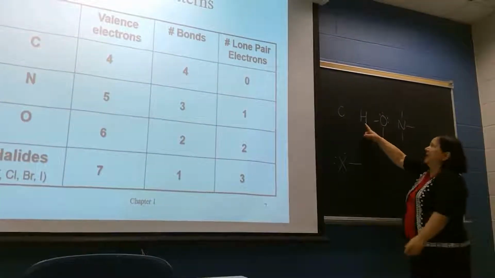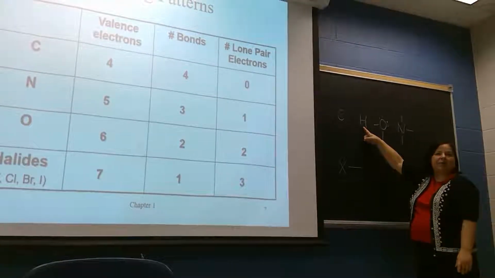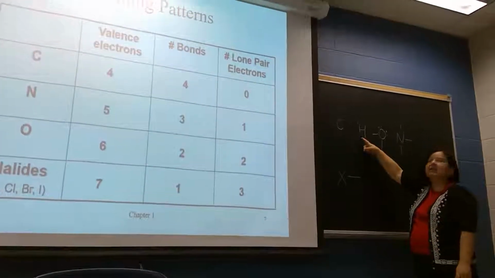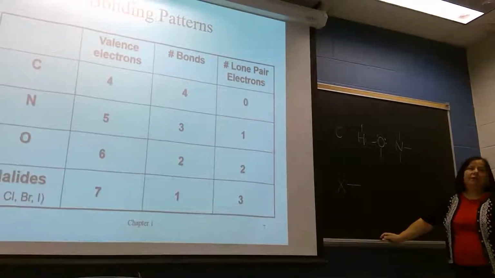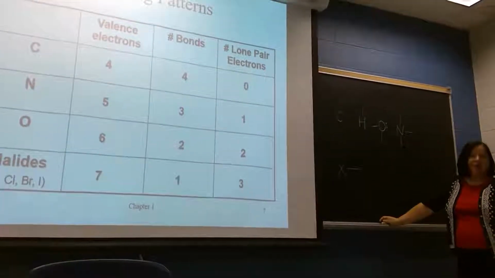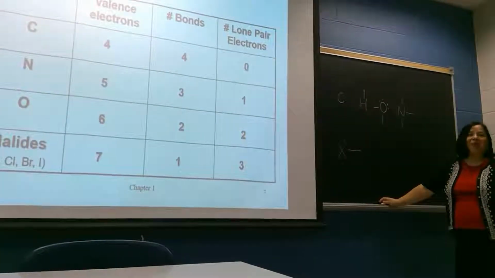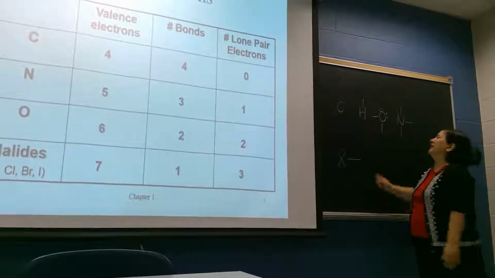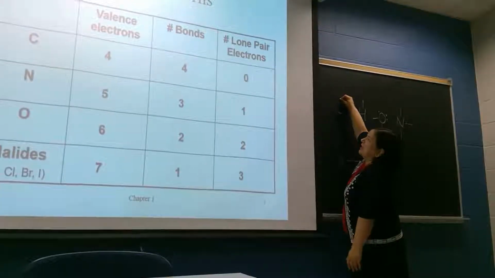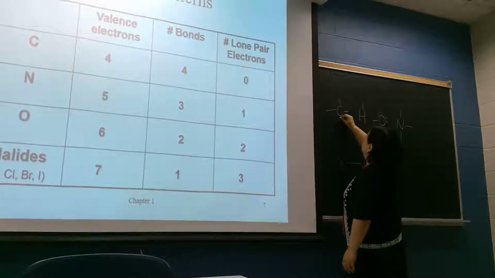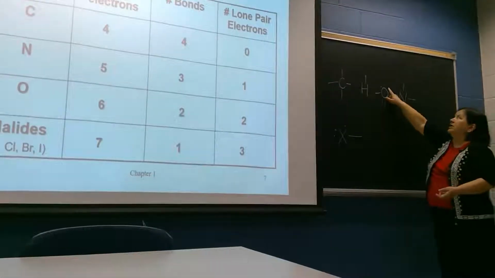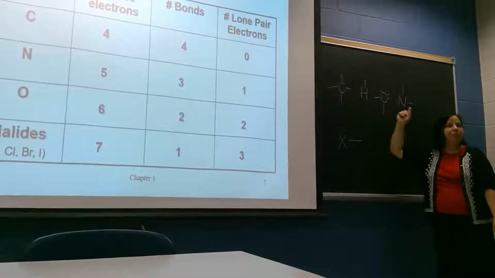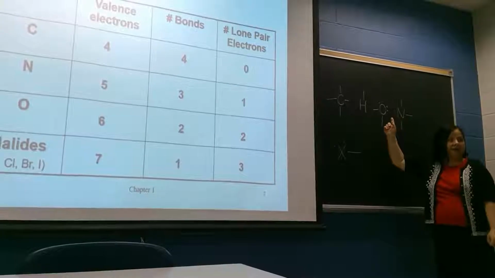And hydrogen will always make how many bonds? 1. No lone pair electrons, just 1 bond, always. No more than 1 bond for hydrogen. Carbon, you already said you will have 4. So you should remember this. And these electrons are important for us. We will be looking at these electrons.